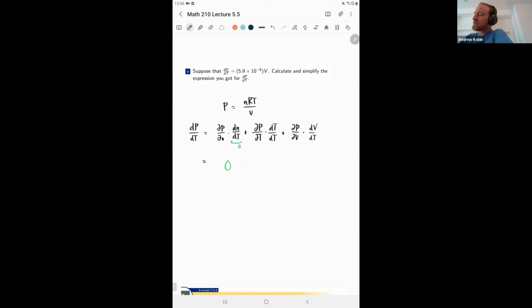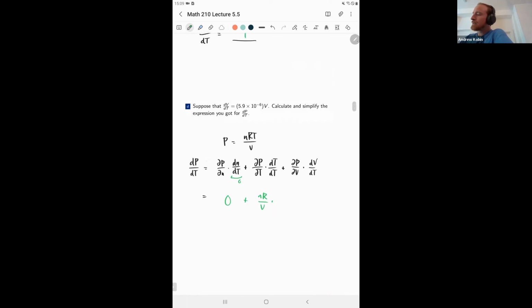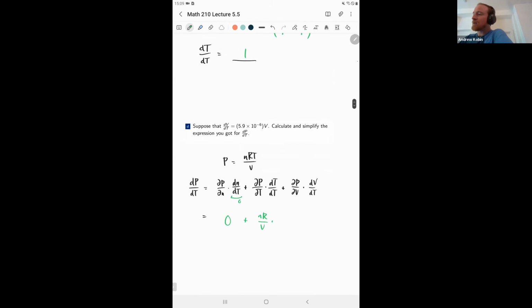So the entire first term is 0, and I really don't care about computing the extra partial derivative if I don't have to. On the other hand, the partial of p with respect to t is something we can compute. If n, R, and v are all held constant and t is the variable, then this is a constant times t. So the derivative is nR over v. And we said that plugging in or evaluating the symbol dt/dt should be 1.